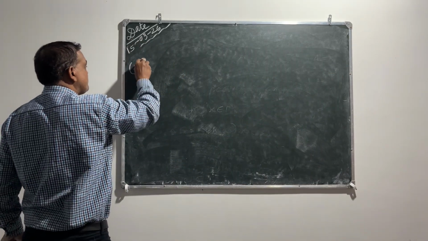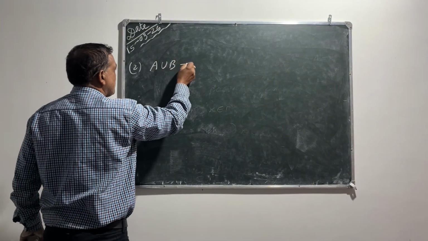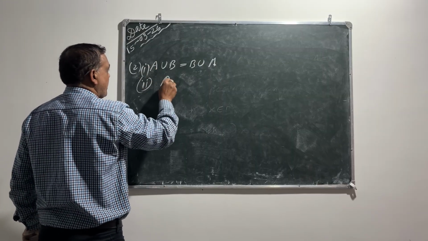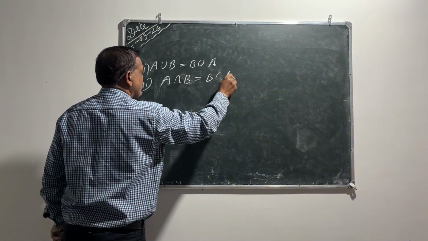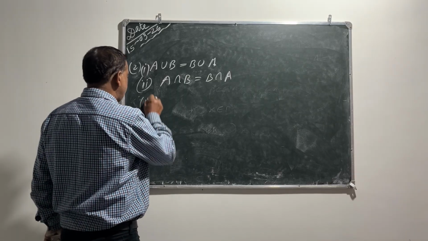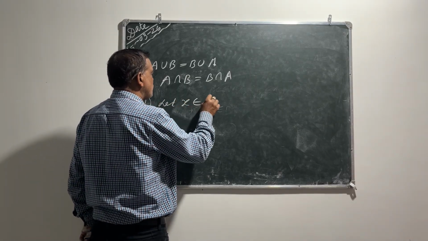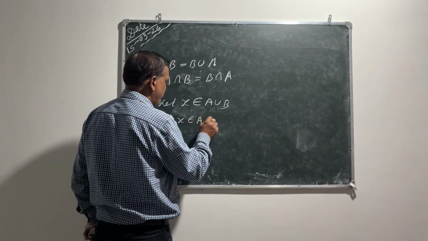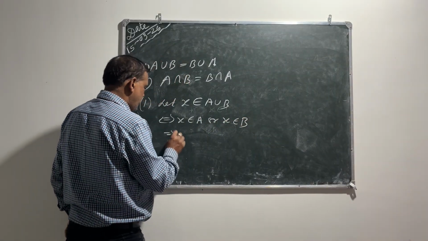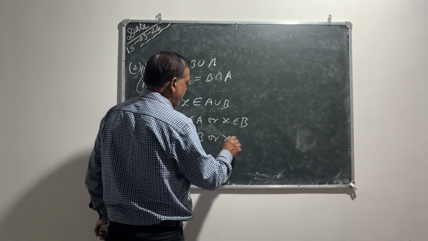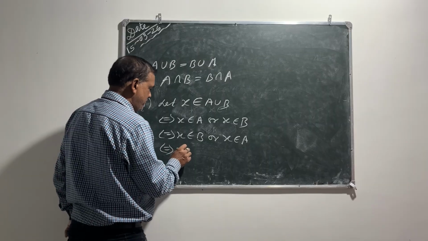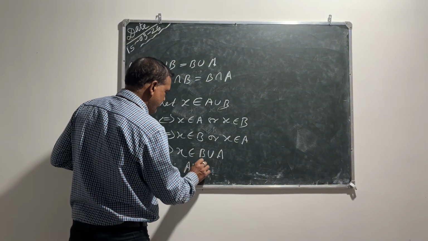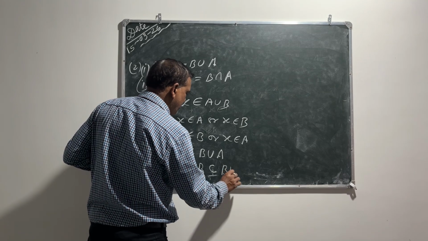The next, commutative law. Number one: A union B equal to B union A. Number two: A intersection B equal to B intersection A. Let, number one, let X belongs to A union B, implies and is implied by X belongs to A or X belongs to B, implies and is implied by X belongs to B or X belongs to A. That implies and is implied by X belongs to B union A. Therefore A union B is a subset of B union A. Number one.